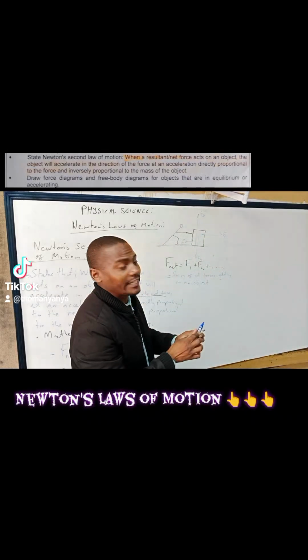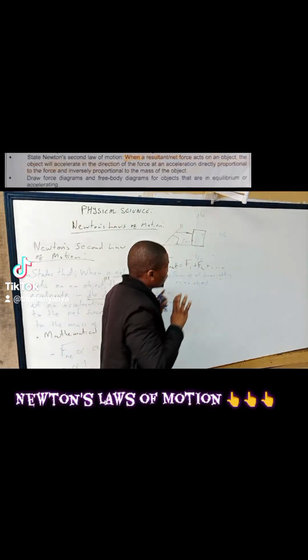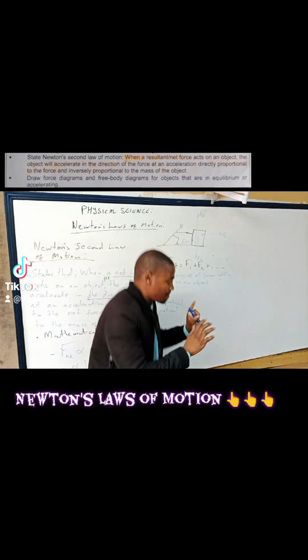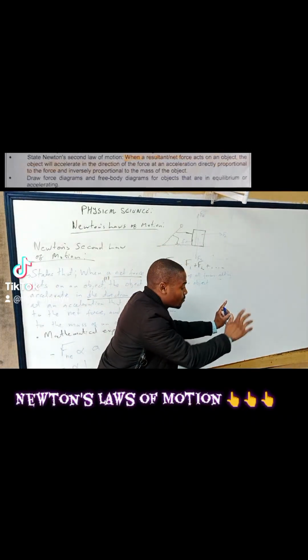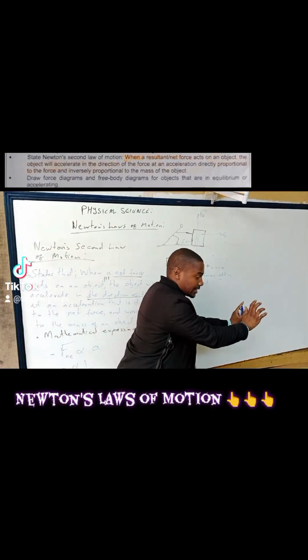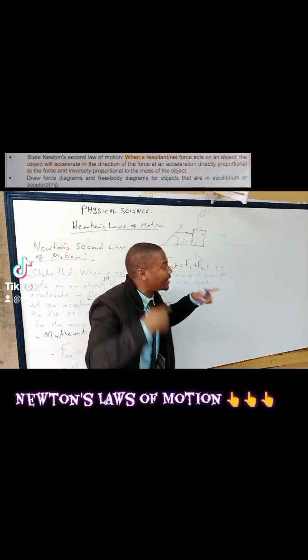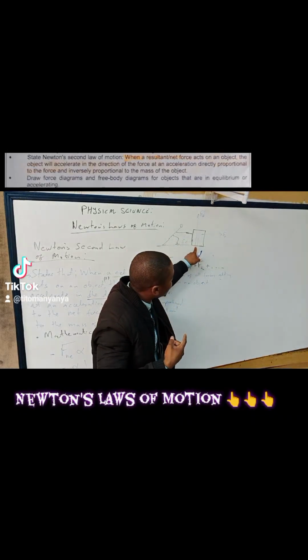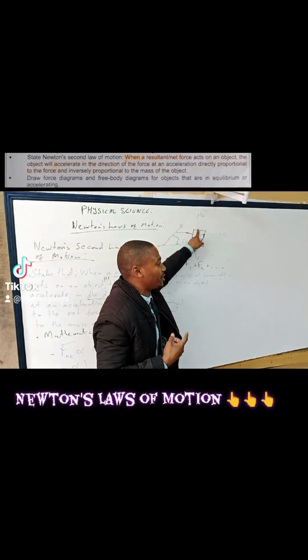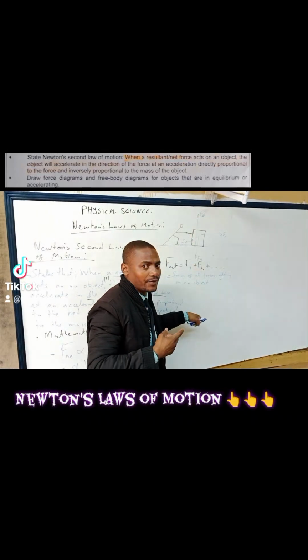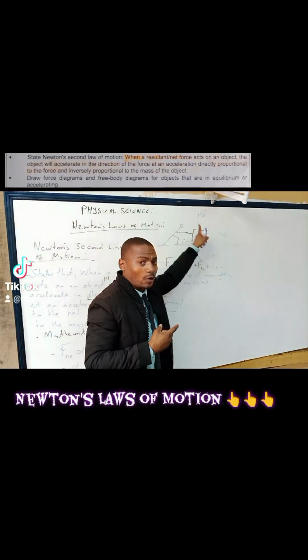The object does not move up and down when you push it this direction, but there is a force applied by the surface on this object. So normal force is equal to Fg.